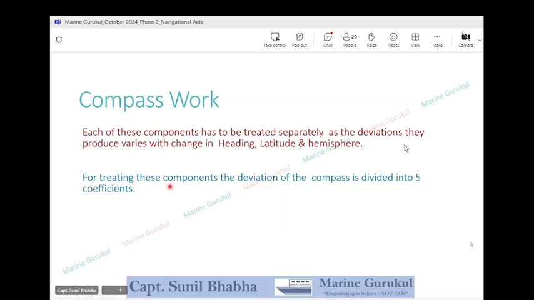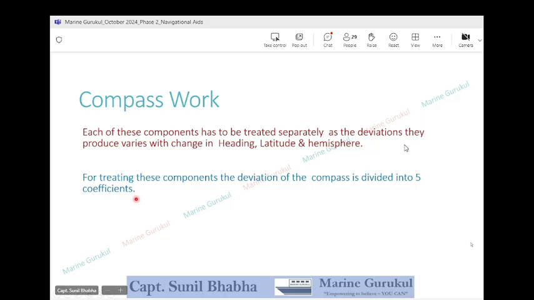Now for treating these components, the deviation of the compass is divided into 5 different parts which we know as coefficients. As I told you, we need to tackle these components separately one by one. So how do we tackle them differently?